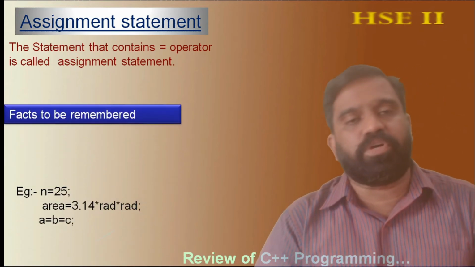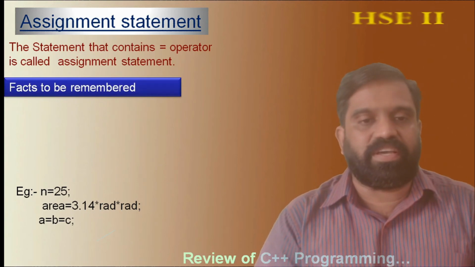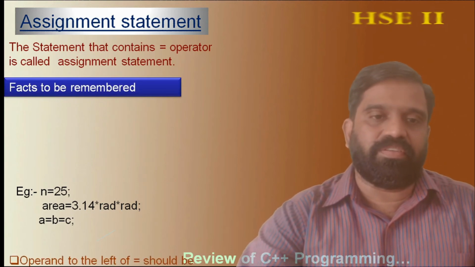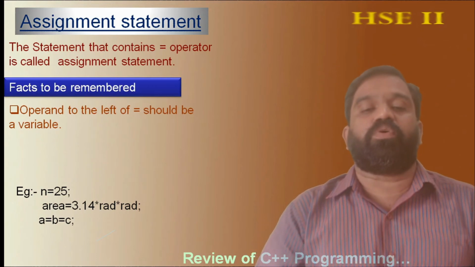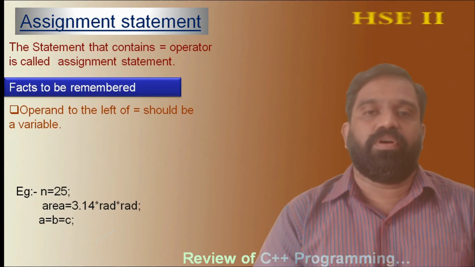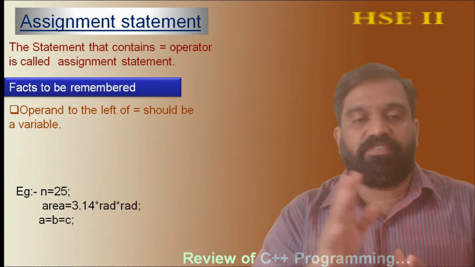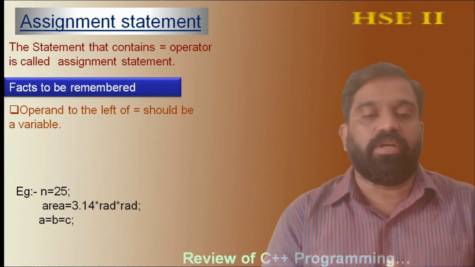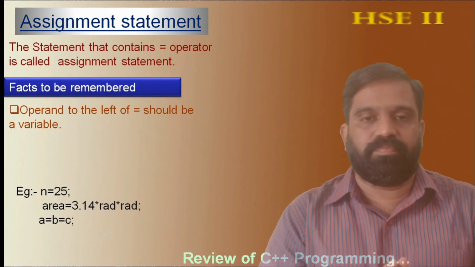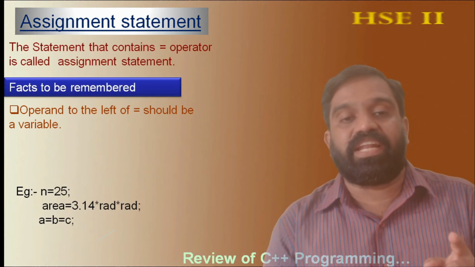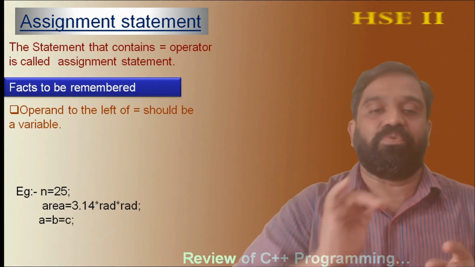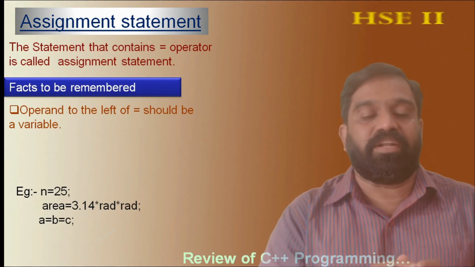Some facts you have to keep in your mind while using an assignment statement. The operand to the left of equal should be a variable. See, n is equal to 25. n is a variable, and we can store a value in the variable n.